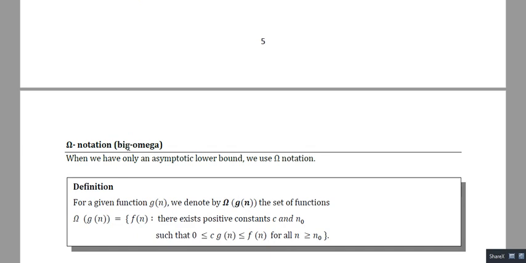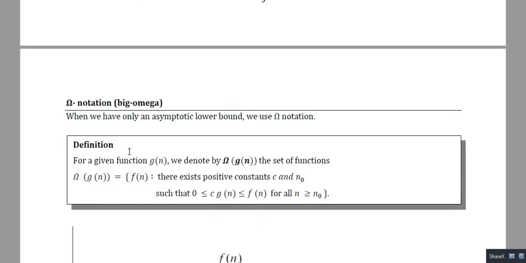Okay, so next we shall be starting with big omega notation. As already told you, theta notation finds both asymptotic upper bound and lower bound, but big O notation only gives us a notion about asymptotic upper bound. So this big omega notation gives us a notion about only asymptotic lower bound, right?